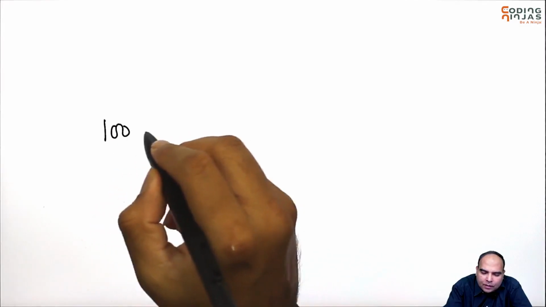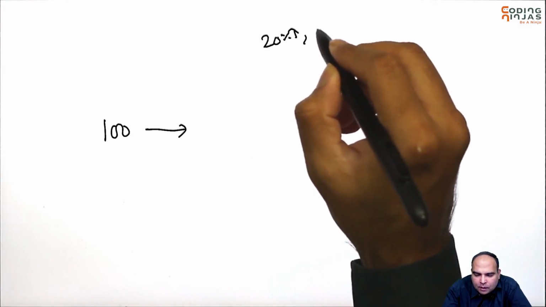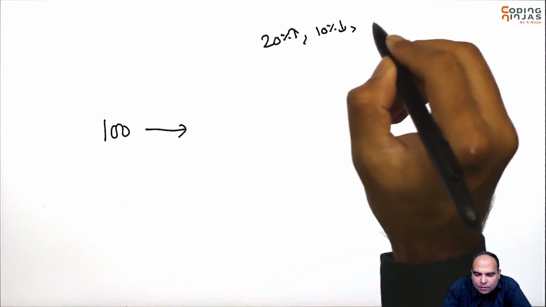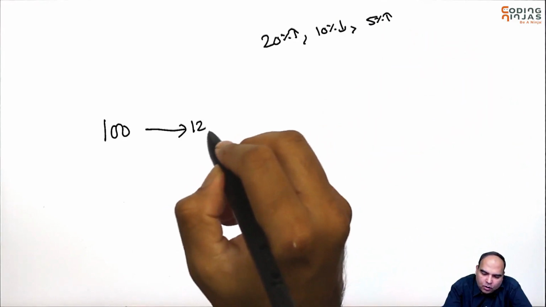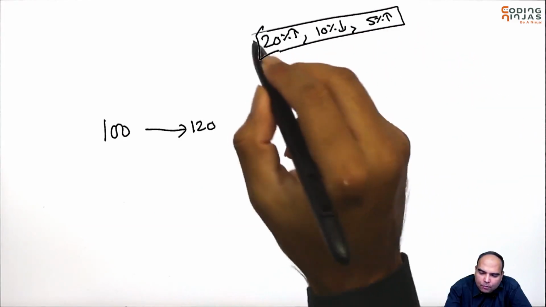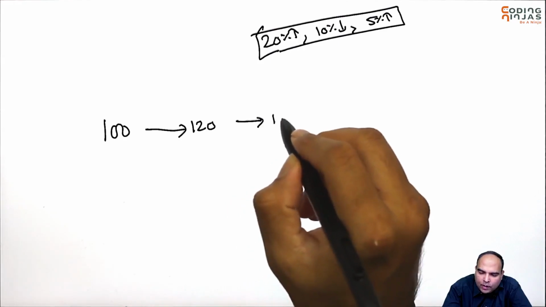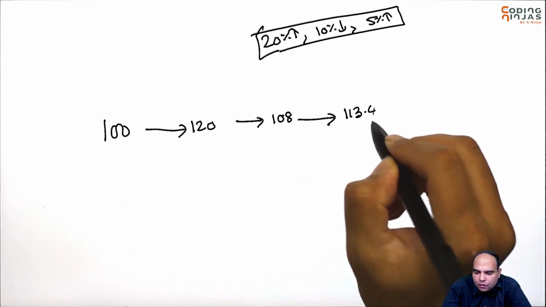For example, if I take this question, that the population of a town goes up by 20%, comes down by 10%, and goes up by 5% in 3 years. So I would expect, as a question setter, that you should be able to execute this thought, 120, 108, and 113.4.